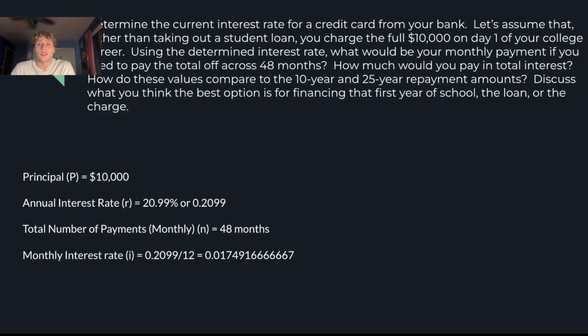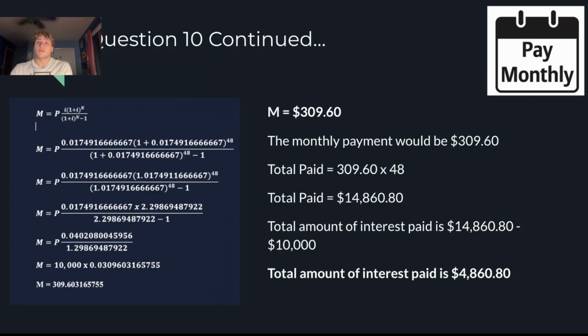So you take the principal, 10,000, that rate R, and the total number of monthly payments, N equals 48 for 2 years. For the monthly interest rate, you take 0.2099 divided by 12, and you get this lovely number here, 0.017, and then a bunch of other numbers, which is used in this part of the question.